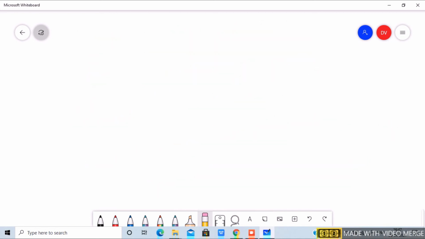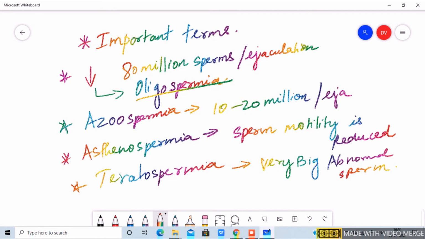Yes, these are some of the important terms which you might expect. The normal number of sperms ejaculated per ejaculation is 200 to 300 million.